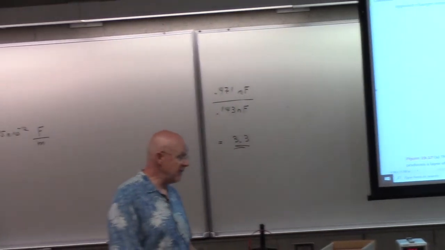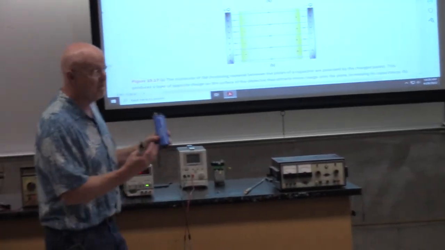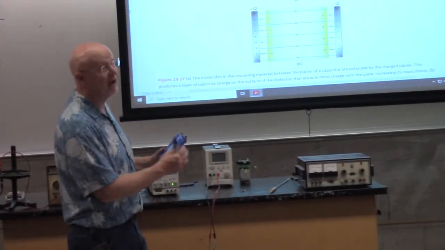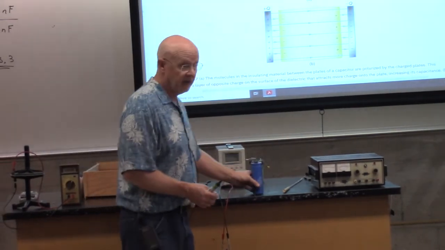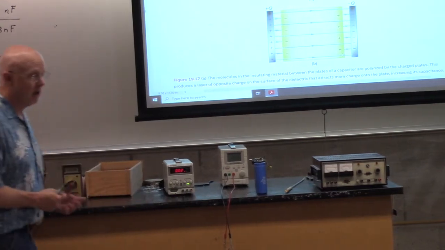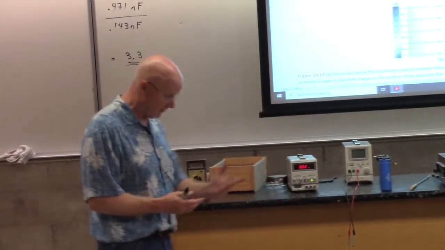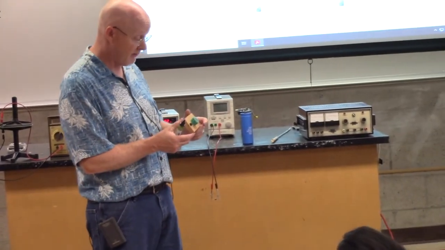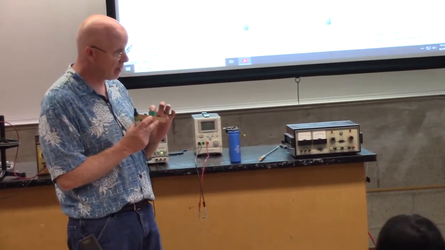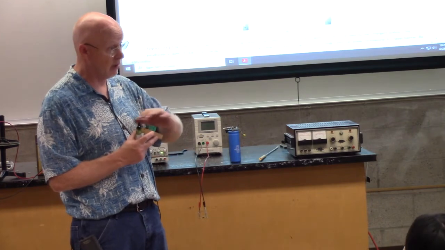So, and even these fancy ones are still microfarads. Now, there are thousands of microfarads, so you might want to call them millifarads. But it's rare to get something as big as 1 farad. But this one is. This is actually 1 whole farad. This is the one I said has a surprisingly large surface area if you were to unwrap this thing.